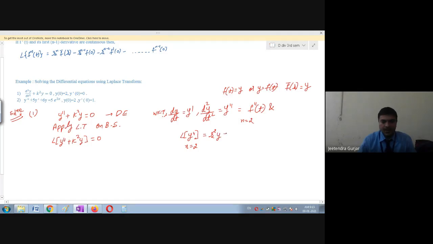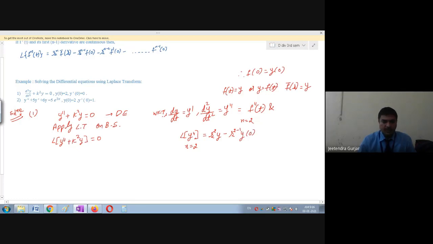Okay, minus, I will continue this. Now you can see minus, here s raised to n minus 1 is there. So s raised to 2 minus 1. Then we have f of 0. F of 0, one can easily write as y of 0. Okay, so all the steps I am writing here. So this is going to become y of 0.